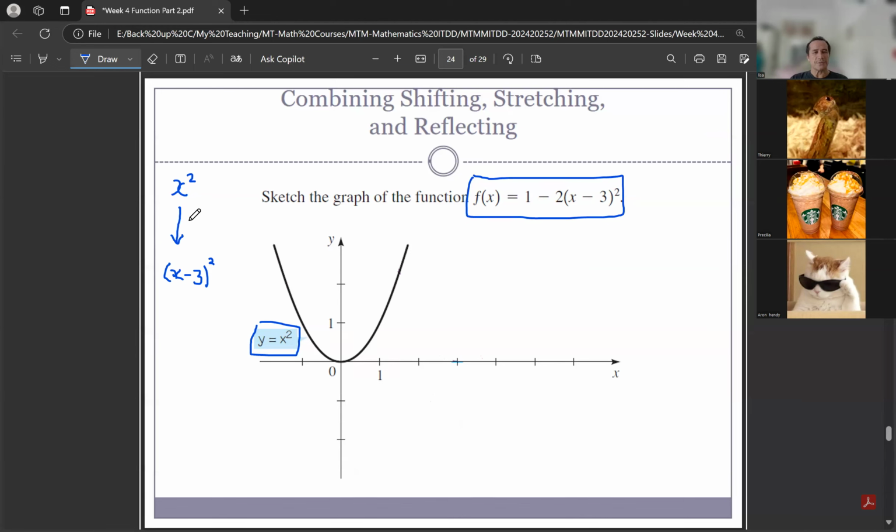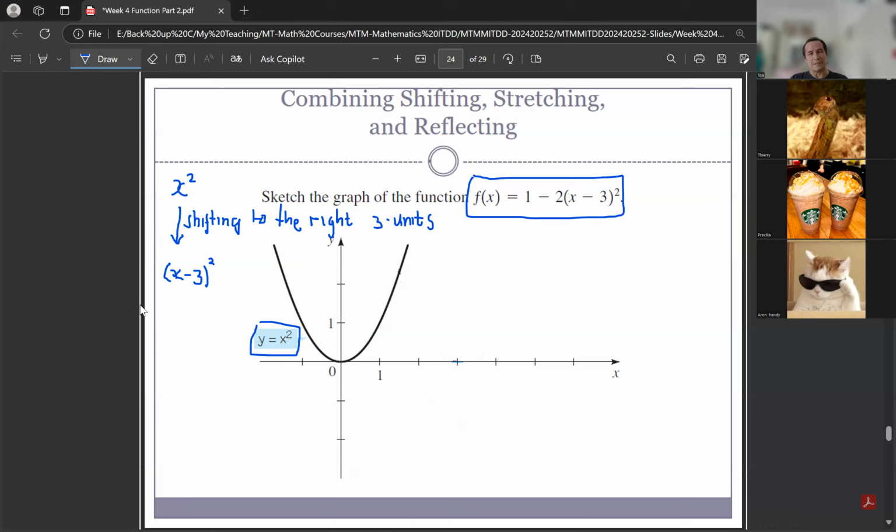So we make a note that this is shifting to the right, 3 units. This is the first transformation.